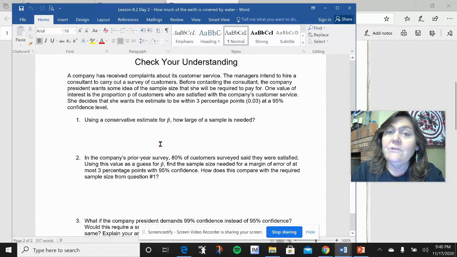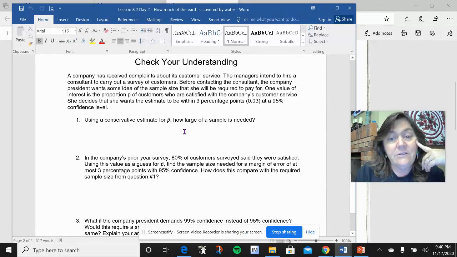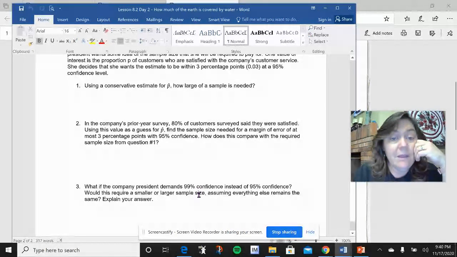So I showed you in the notes how to do number 1. You're going to now just change 0.5 to 0.8. And then, of course, 1 minus p hat is going to be 0.2. And then I want you to compare that to what happened in the most conservative one. Like, what's the difference in the sample size?